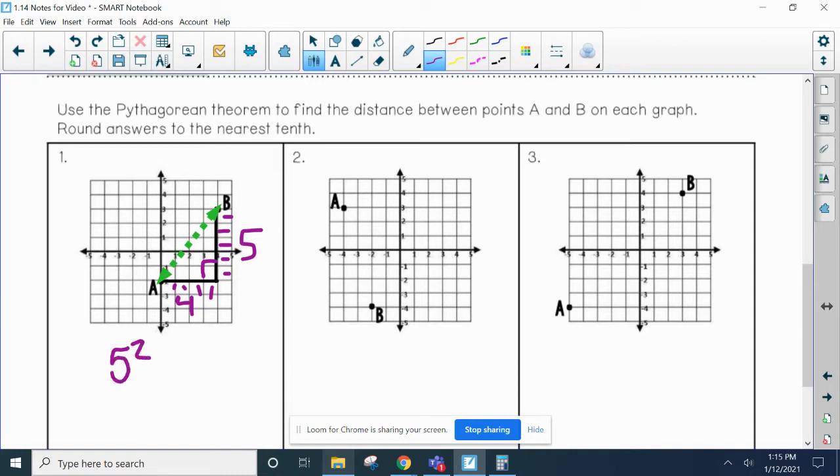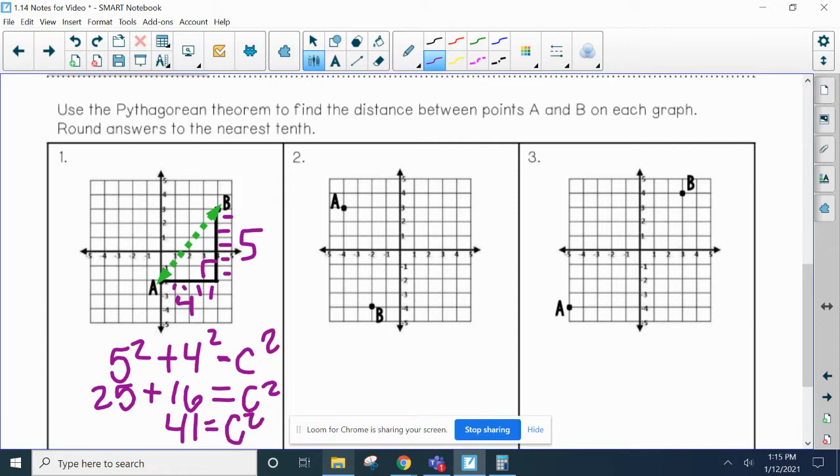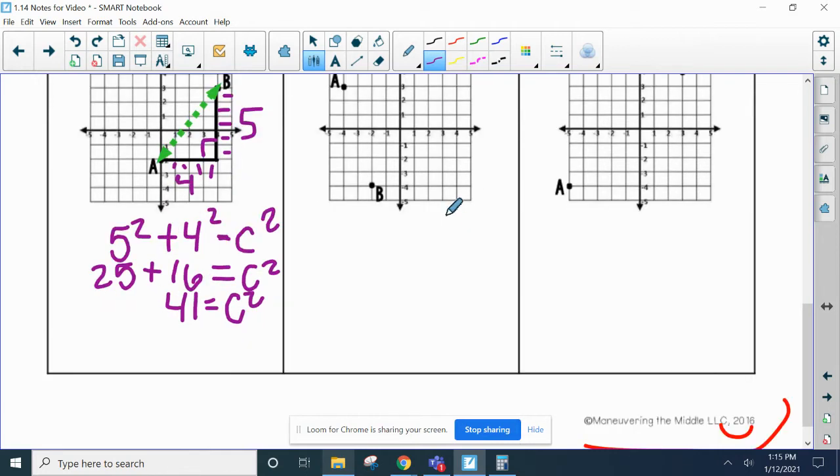So 5 squared plus 4 squared is going to give me that diagonal, or that distance from A to B, so it equals our c squared. 5 squared is 25. 4 squared is 16. 25 and 16 gives me 41. Now my last step is to take the square root of both sides.